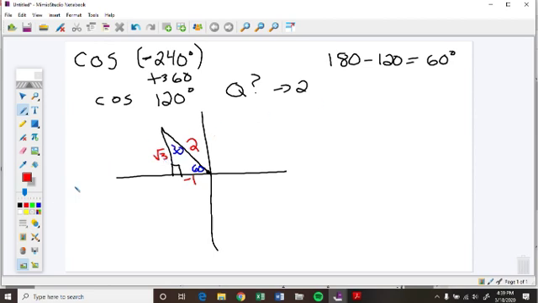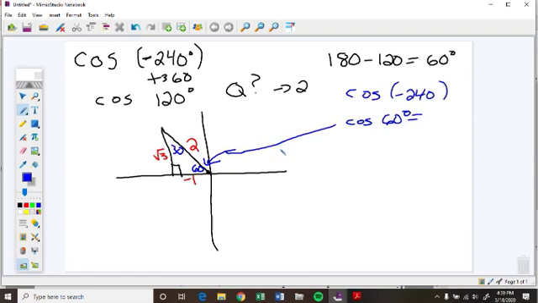So what we're going to do is borrow this 60-degree angle to find out the cosine of our original problem, negative 240. We're going to borrow the cosine of this 60-degree angle as it is right there to answer this.